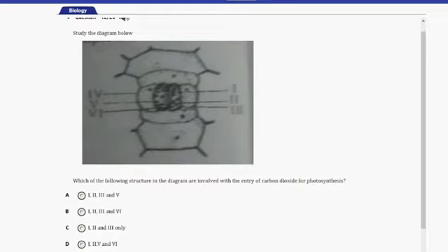C, I, and III only. D, I, V, and VI. So guys, the structures in this diagram that are involved in entry of carbon dioxide for photosynthesis will include I, V, and VI. So that's option D here. And that's it for this question. Let's go ahead and consider the next question, guys.